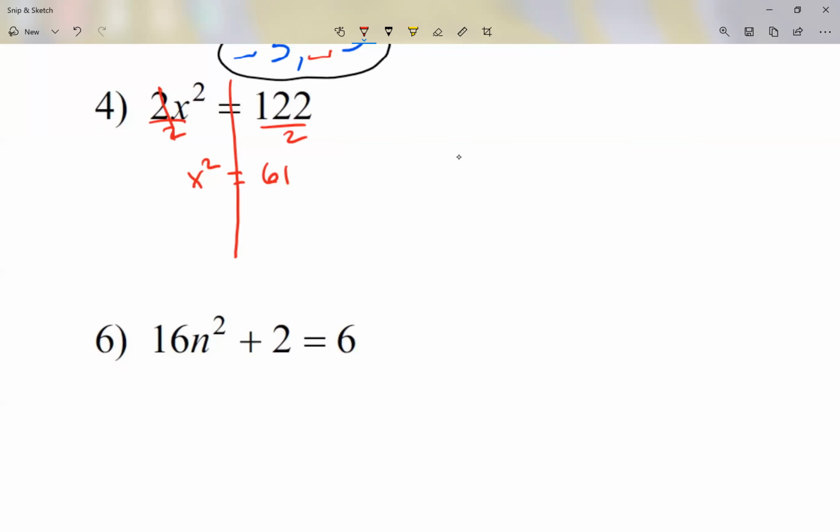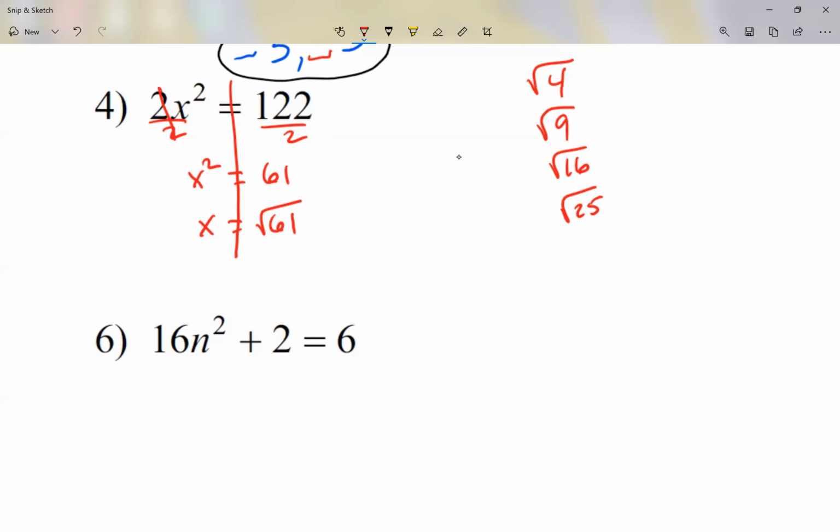And then I'm thinking, all right, can I possibly simplify this? And I cannot. When I say can I possibly simplify, I know that X is going to give me the square root of 61. And again, what I mean with simplify, remembering my perfect squares, square root of 4, square root of 9, square root of 16, square root of 25, 36, 49, 64, all those.